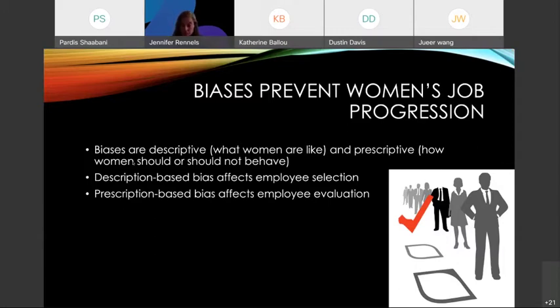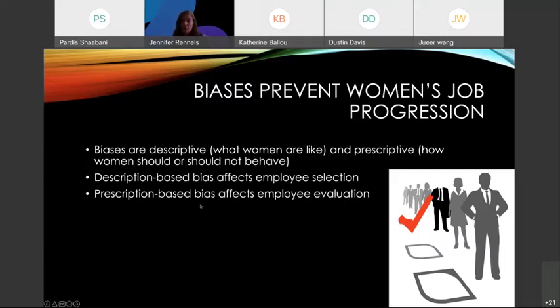So even though women are more likely than men to actually make a short list for a stereotypically masculine job, they're less likely to be hired for that job than men. And the same applies to individuals from minority racial groups. So what this means is that these description-based biases affect employee selection. They're making the shortlist, but they're not ending up getting hired.